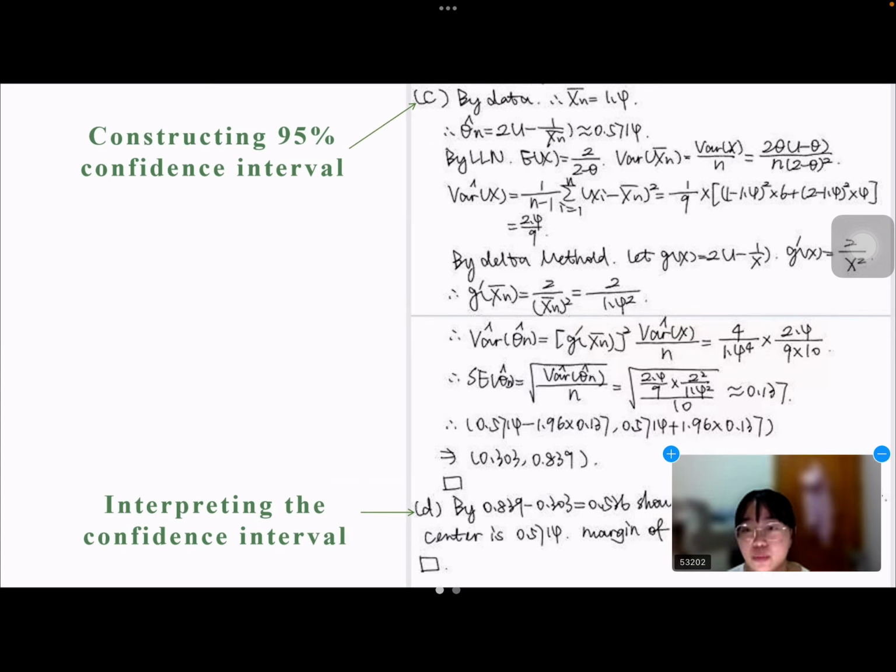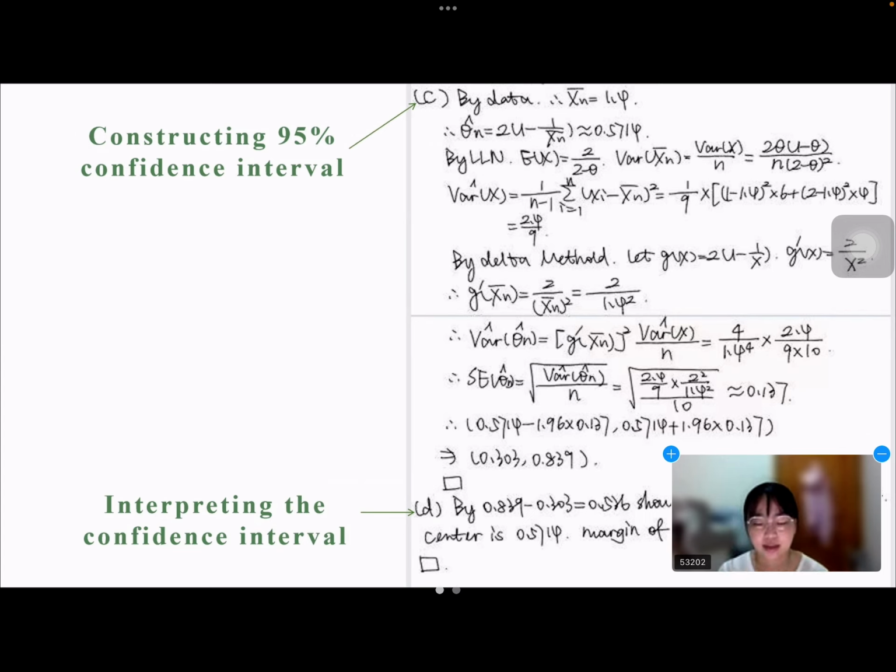The first one is to choose the estimator, and the second one is to find the sampling distribution, and then to select the confidence level, and then to find the critical value, and then to find the margin of error of theta. And after doing these 5 steps, we can construct the confidence interval.